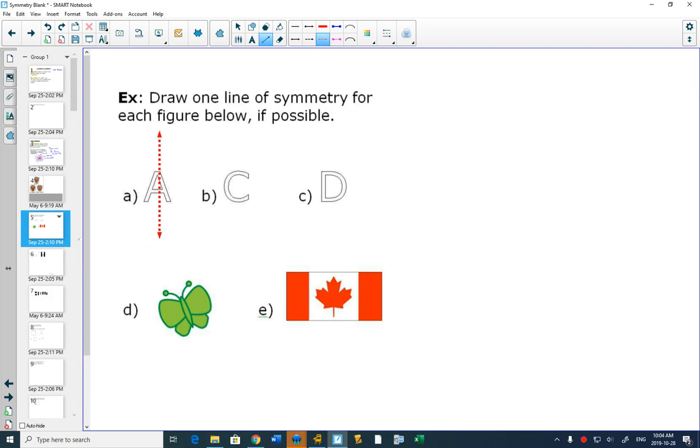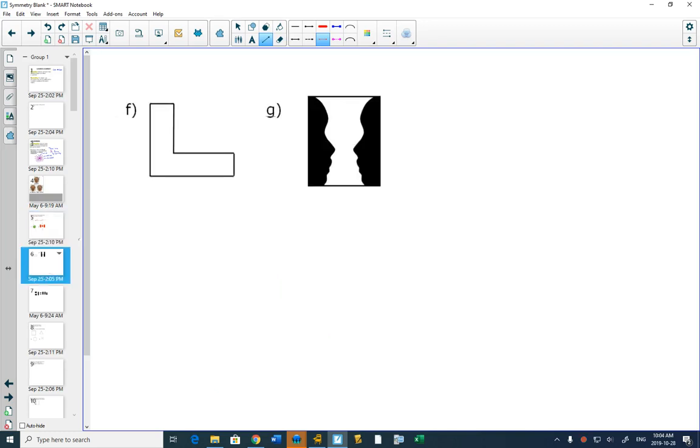Vertical line right through there. Horizontal line right through there. Horizontal line right through there. This one, you have to turn your page. And the Canadian flag, right down the middle. The next two.